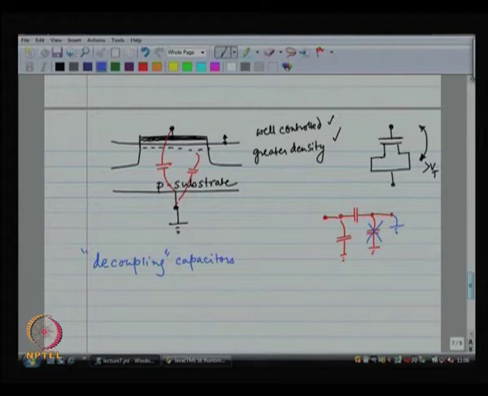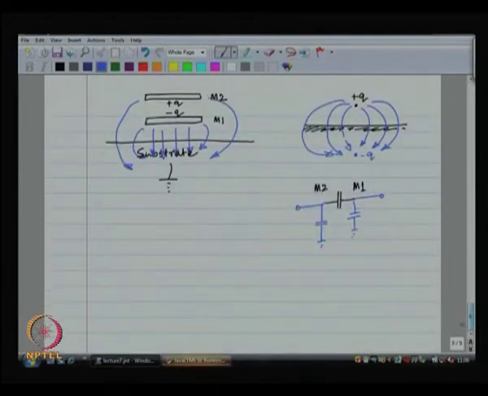Well, it looks the same, it is just that the distance between the channel and the substrate is much lesser than the distance between M1 and the substrate, right.